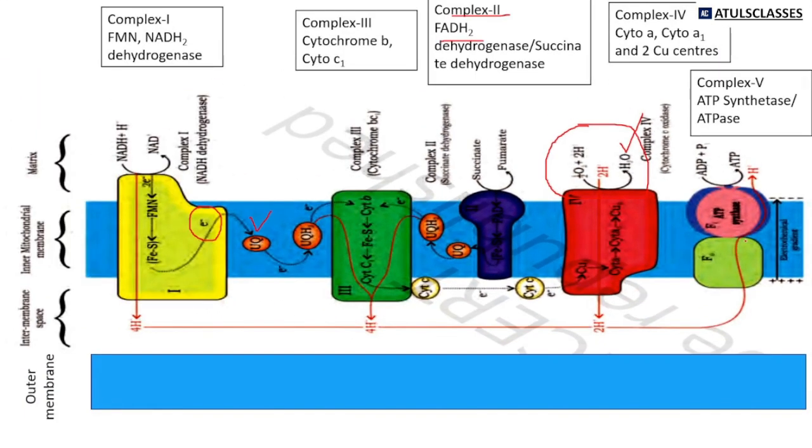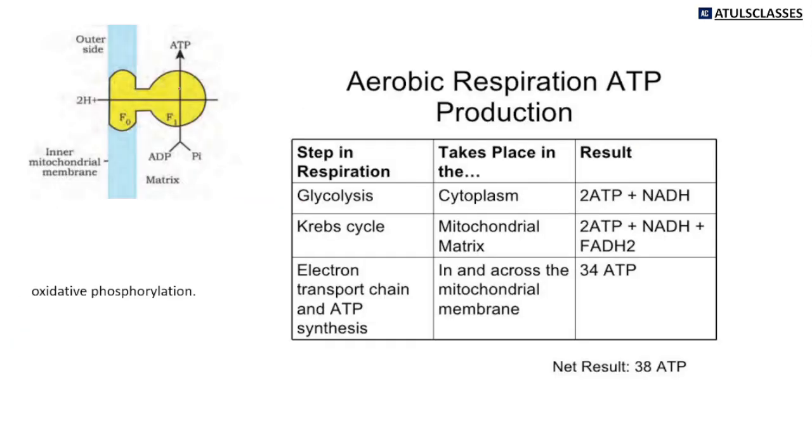This whole membrane is working as an electron transfer system, or electron transport chain. So you have to understand the complexes, and this is complex number 5. Complex number 5 is oxidative phosphorylation.